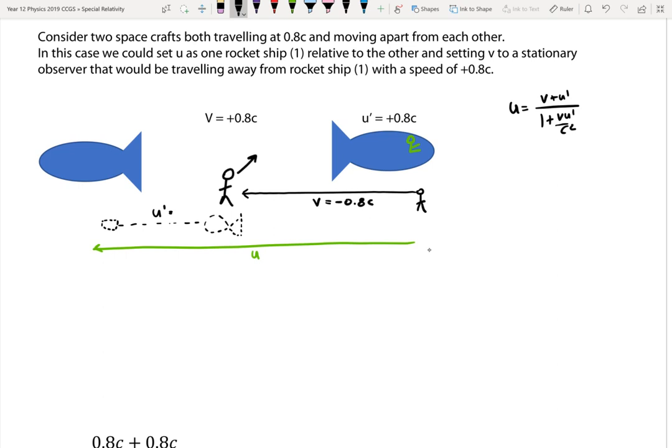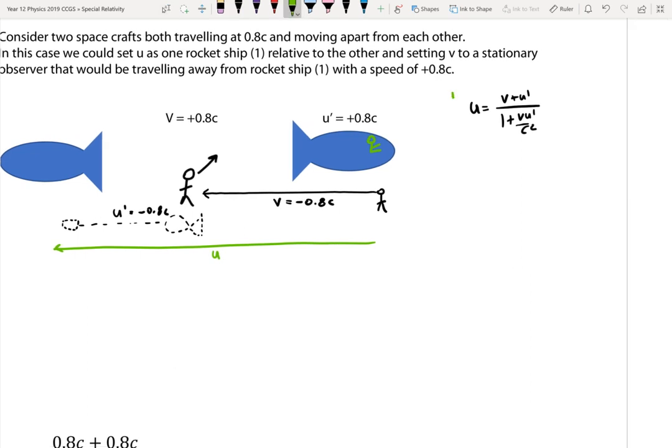And then this blue spaceship was measured from him, so he now becomes the missile that was fired from the imaginary spaceship, the stick figure. And so u prime is always relative to this guy that's in the different frame of reference from who we want. It gets a little bit tricky, but let's write it in, negative 0.8c.